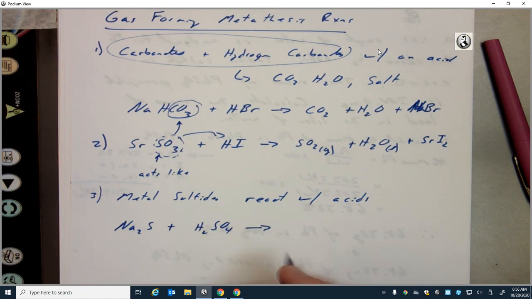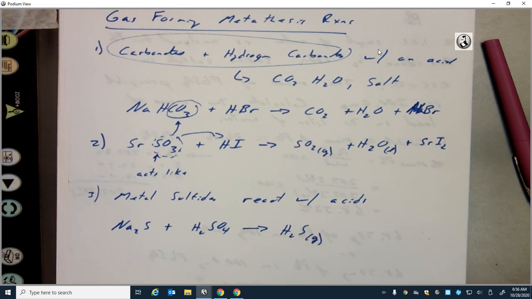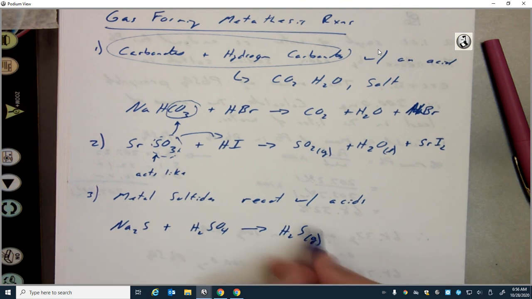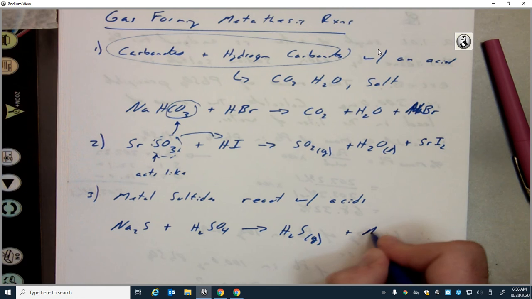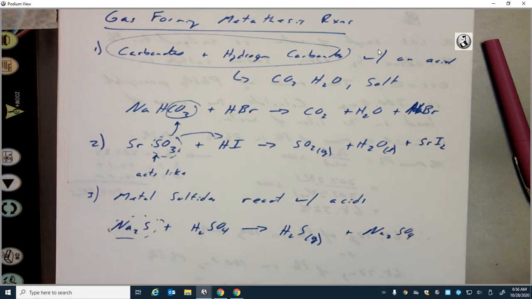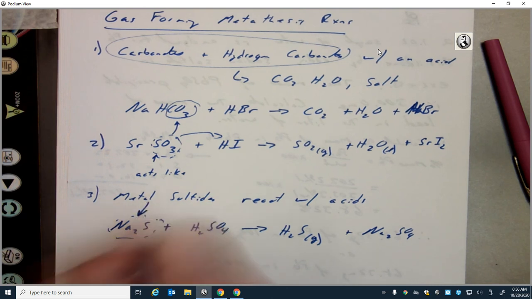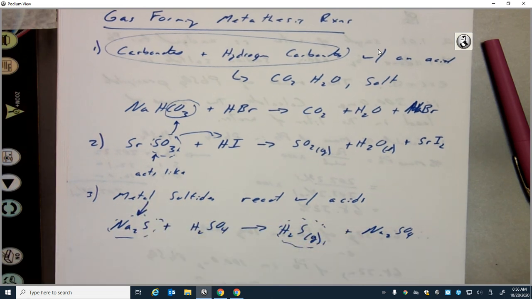It's going to produce H2S gas. And it's just double replacement, but it produced this H2S gas and Na2SO4. So when you have this metal sulfide, it's going to produce a gas, H2S gas. And you should know that one.